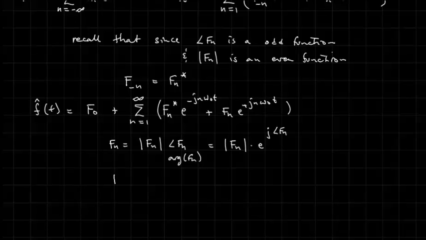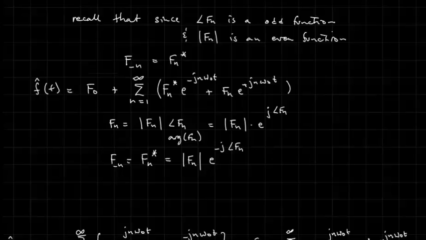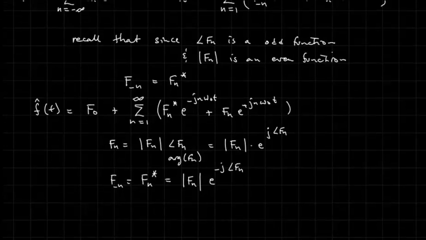And f of minus n is equal to f of n complex conjugate, which can be written as the magnitude of f of n times e to the minus j angle of f of n. Now we'll use those expressions above.